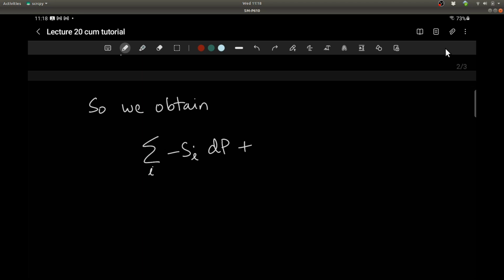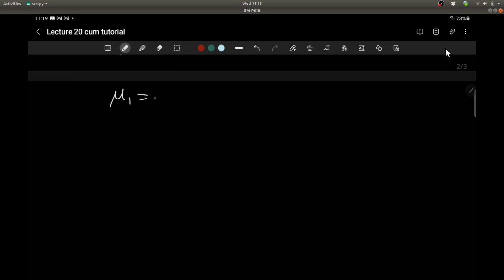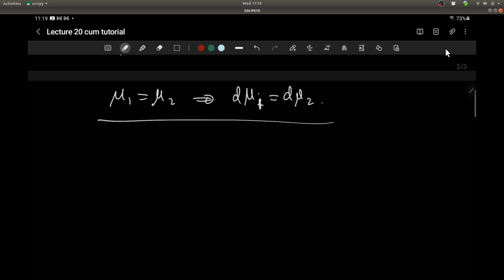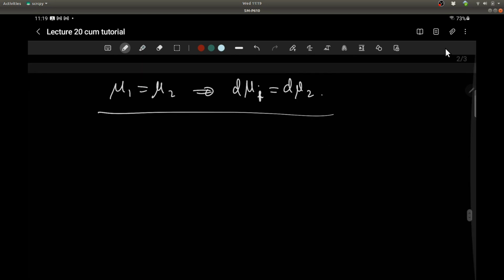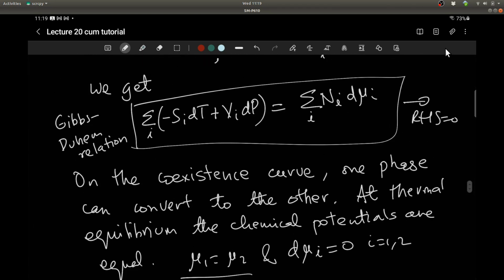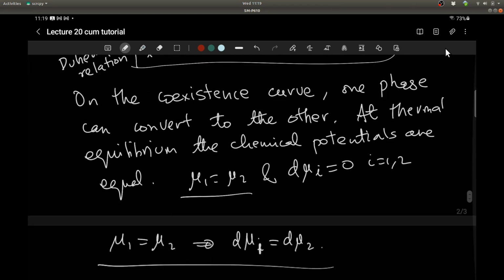Actually, I don't want to do this. I want to use a weaker relation. So mu1 equal to mu2 implies d mu_i equal to d mu_i.